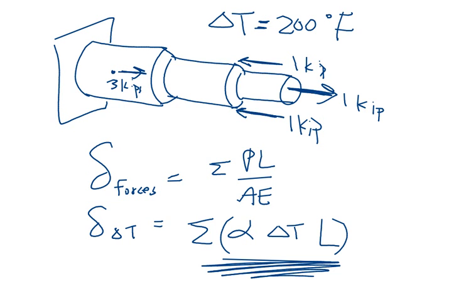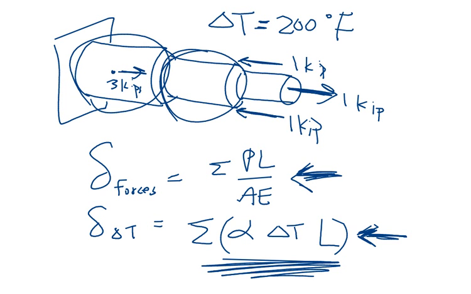Remember there were 4 segments for the forces, but here there are 3 segments because you don't worry about the applied forces. You have 1 segment here with 1 alpha value, 2 there, and 3 here. So you add up those 3 additional terms, and there's your overall deformation. Good.